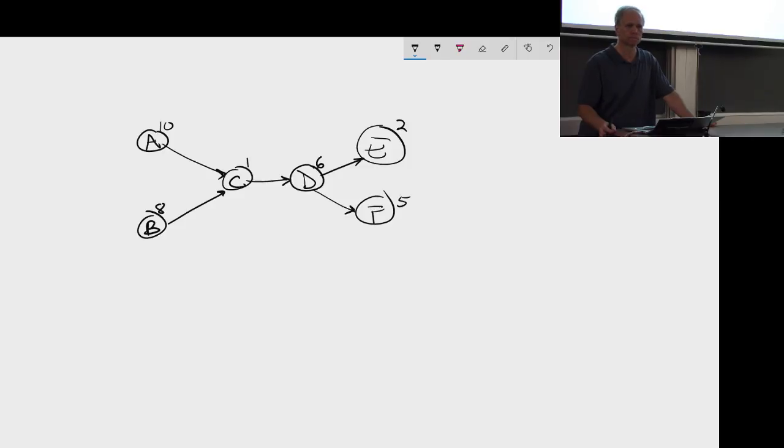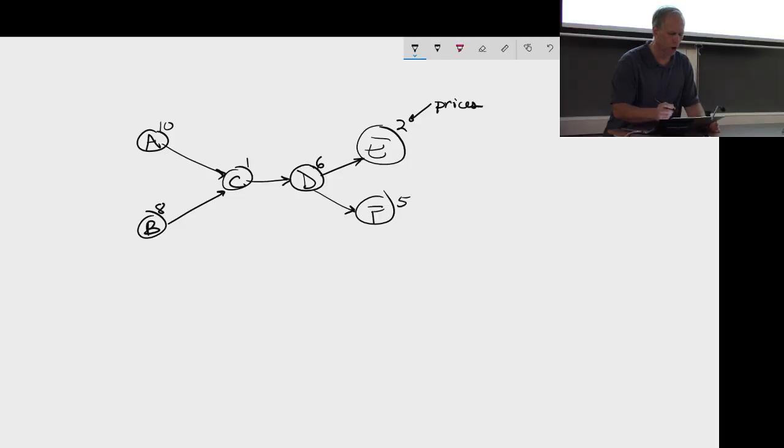Remember that? I did the lecture. So these are prices. The cost of a vertex like C is defined as the highest price of any vertex reachable from C, including itself. So what would be the cost of C? 6. All right? And the cost of F would be 5.